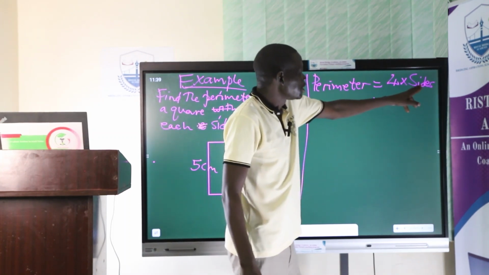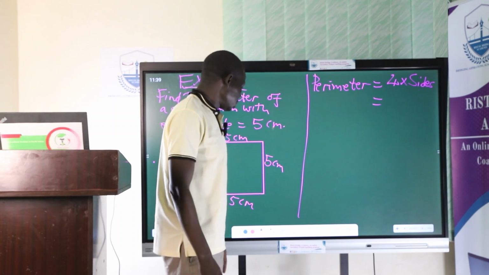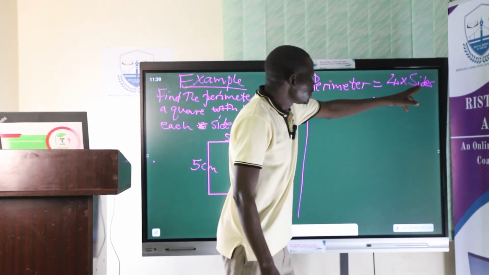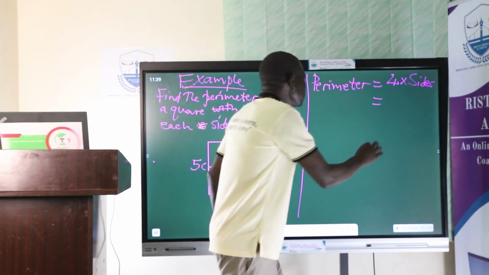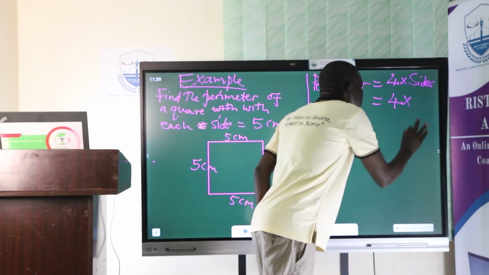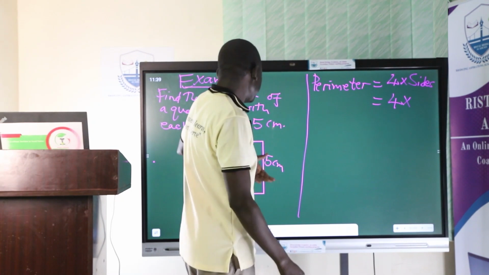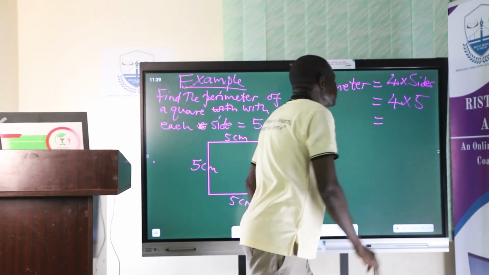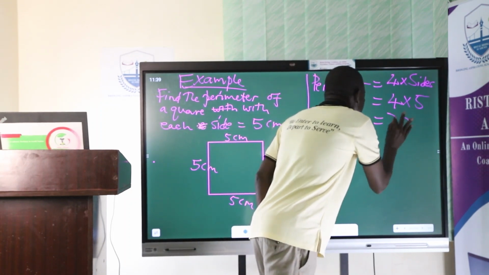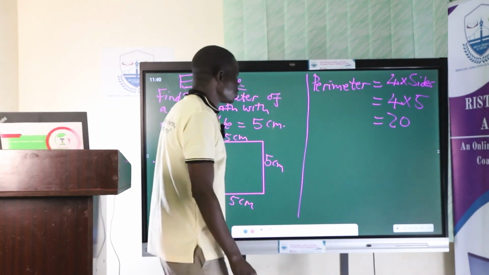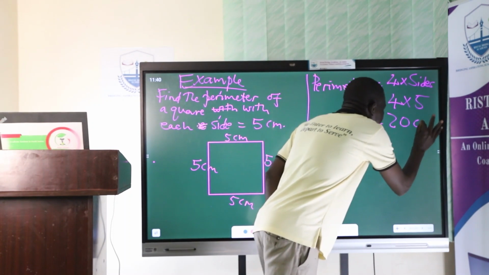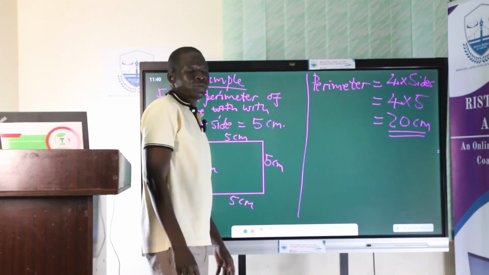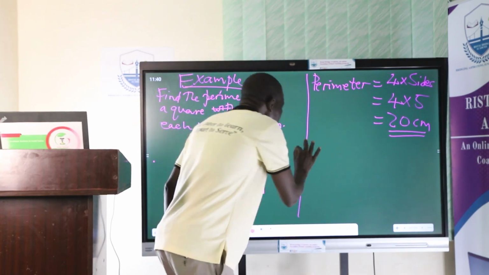Each side is equal to 5. Now, since each side is 5, we shall say 4 times 5, giving us 20 centimeters. And therefore, 20 centimeters is the perimeter of that square.